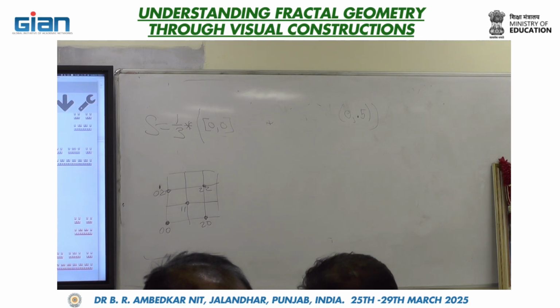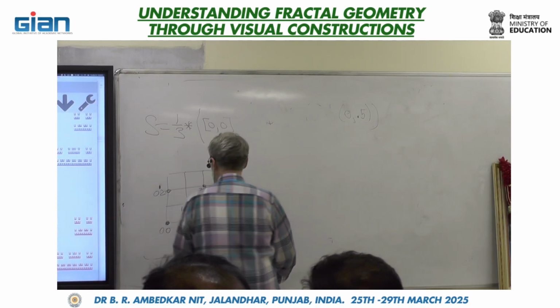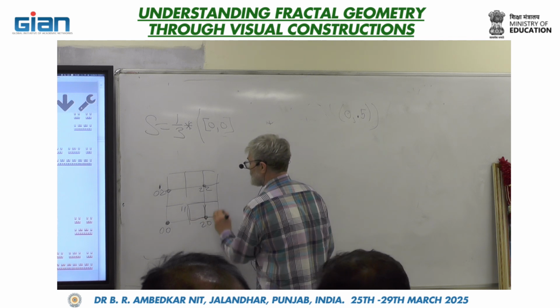Then we'll get this nice set. So we just shifted 1 square to this side and obtained a different attractor.